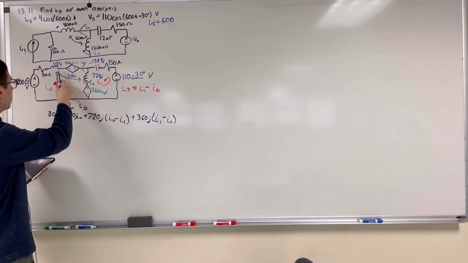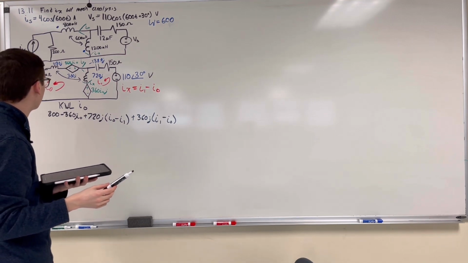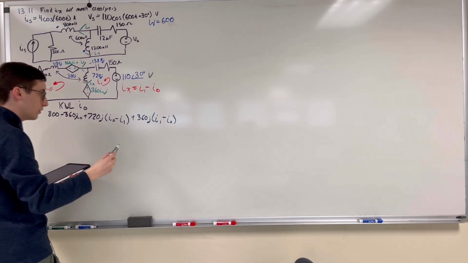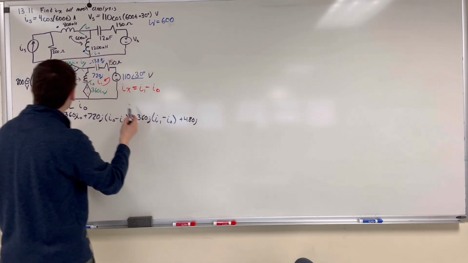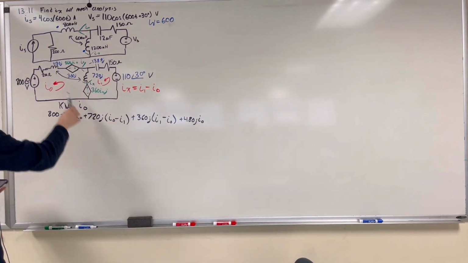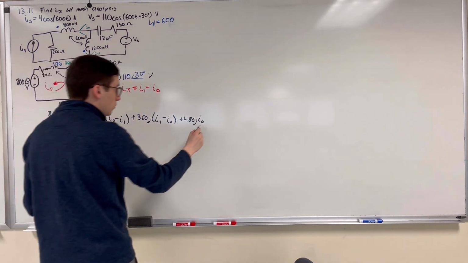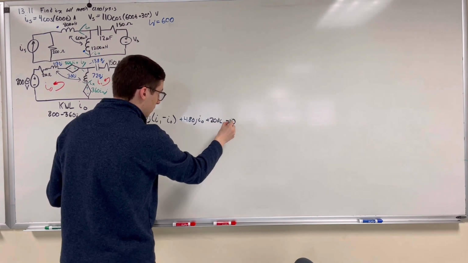And then we're going to go through this 480 J ohm inductor. So this is going to be plus 480 J times IO. And then finally, we're going through this 200 ohm resistor. It's just simply 200 IO. It's all equal to 0.